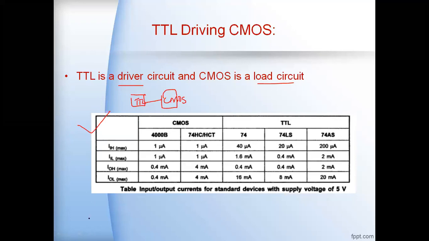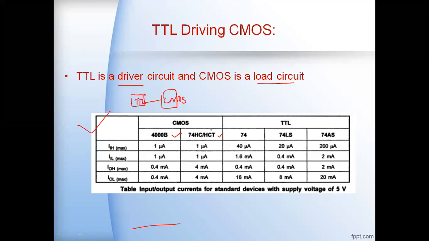Look at this table. Here the table consists of the input and output currents for standard devices. Now you can see the CMOS logic families here. The 4000 series is a CMOS logic family, and 74HC, HCT, it is also a CMOS.